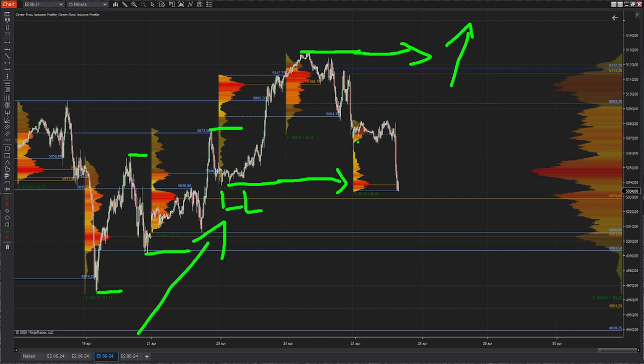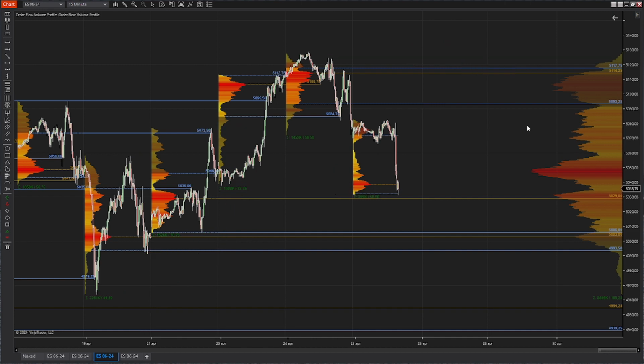Or if we don't make another higher high, this can be at this value area high, can be this value area low, can be one of these two. But I would suggest keeping an eye on this one right here, which is 50.93.25.